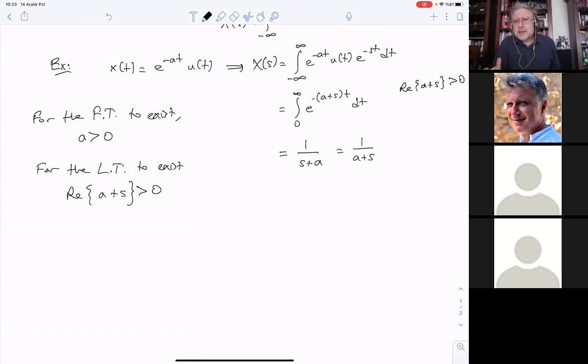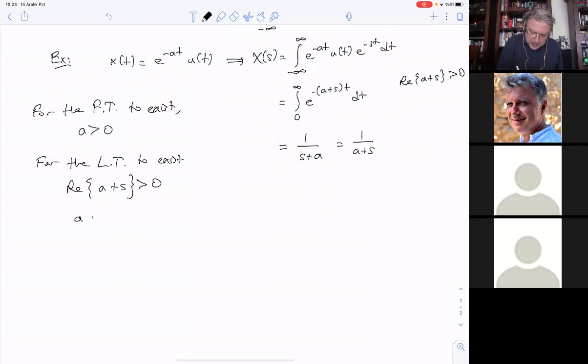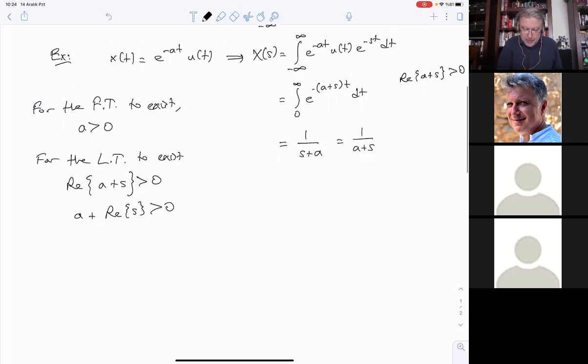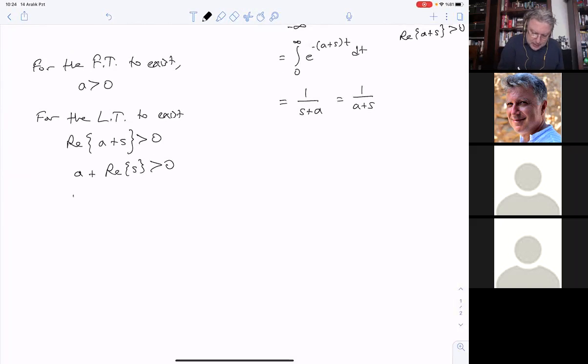And let's assume that a is already real. So a plus real part of s must be greater than 0, okay? Because real part of a is a. And we can write it like real part of s is greater than minus a.